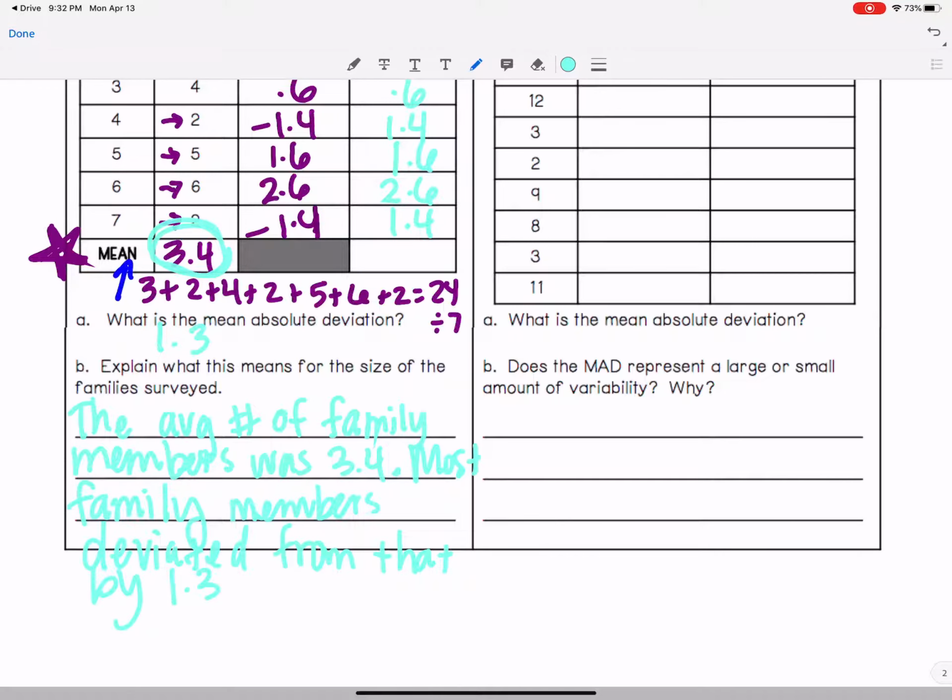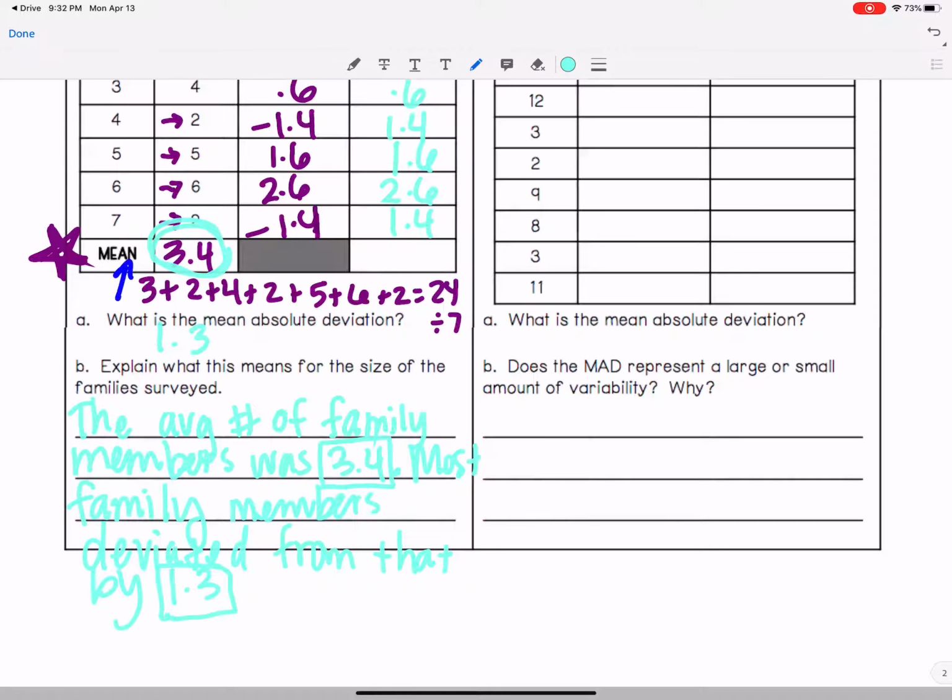Let me tell you really quickly. As far as this question goes, what this also means, our number of 1.3, what that means is if we took 1.3 and our average number was, or our median, no, our average, our mean was 3.4.